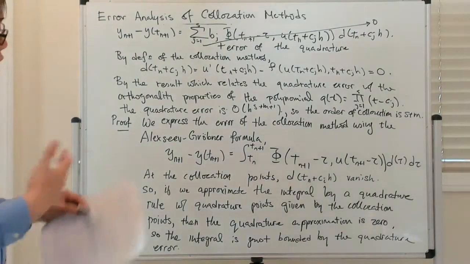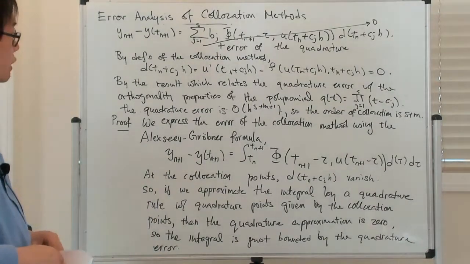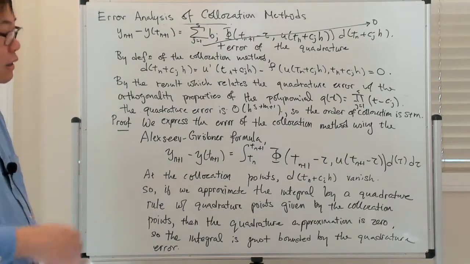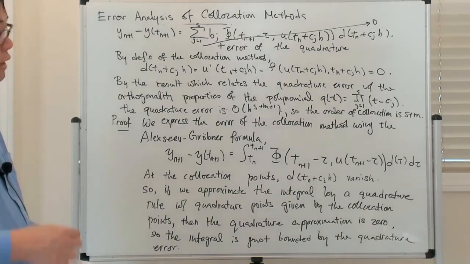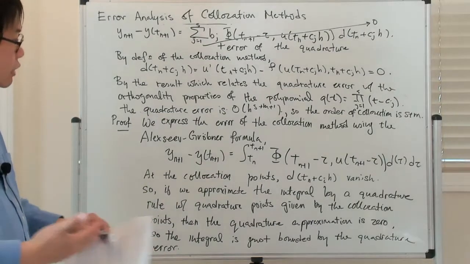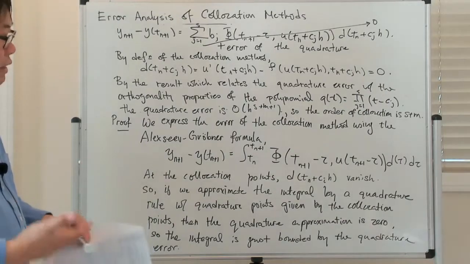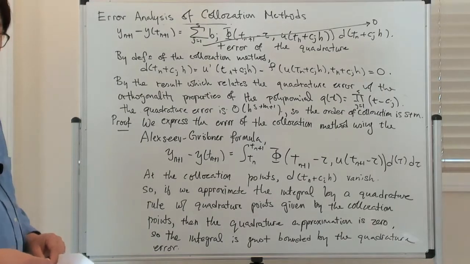It gives you a very systematic way to do error analysis of at least a class of Runge-Kutta methods. As we saw, trying to do the error analysis of a Runge-Kutta method by hand using Taylor expansions is extremely time-consuming and quite an involved exercise.